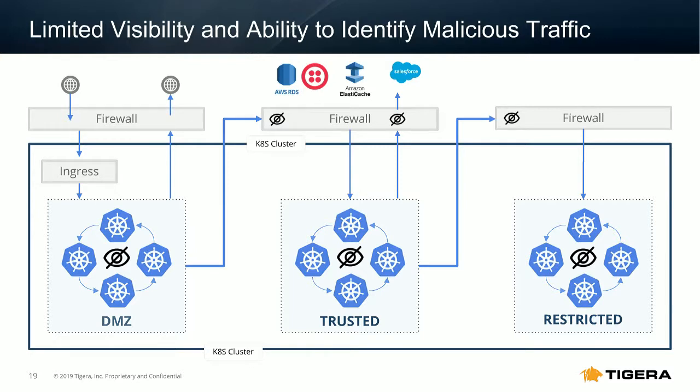Firewalls don't know what a pod's labels are. And so it's just letting everything through. And if you do have some type of a threat that hits your DMZ, that can have full lateral access to the entire environment. So this is the challenge with the firewall, that it's actually not able to implement that zone-based architecture.